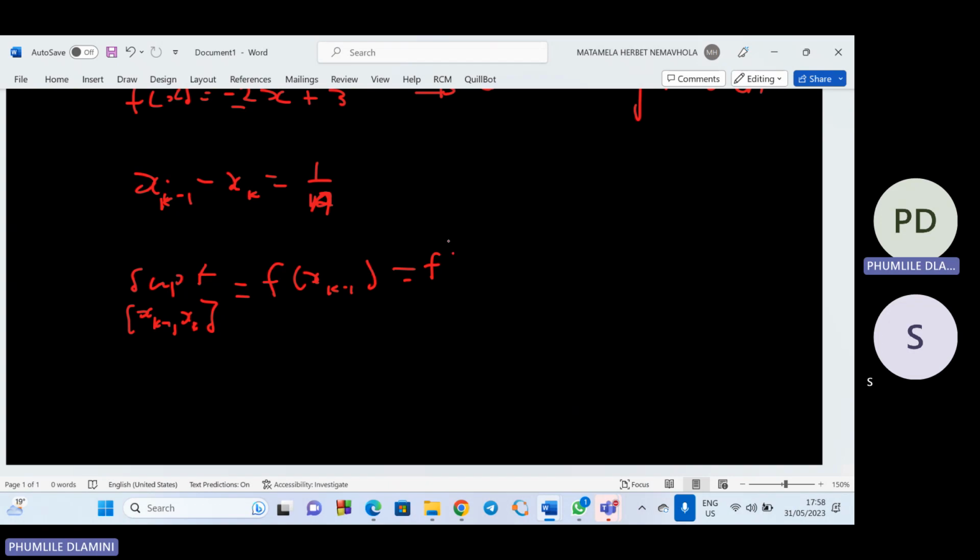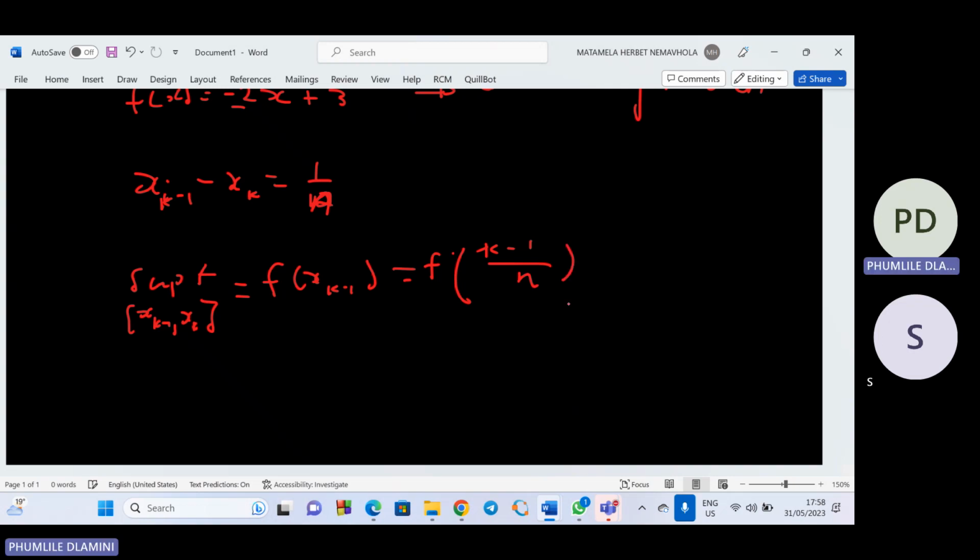Remember, we are going to substitute k minus 1 in this equation, the way I did there. So it's going to be k minus 1 over n.